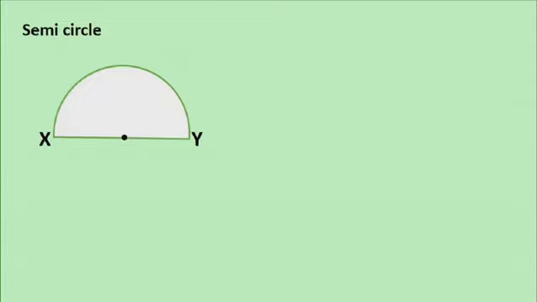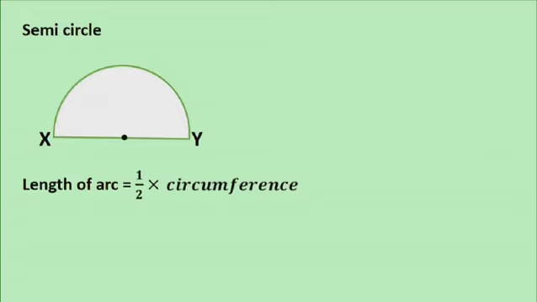A semicircle. The length of the arc is equal to half multiplied by circumference, or 180 degrees divided by 360 degrees multiplied by circumference.